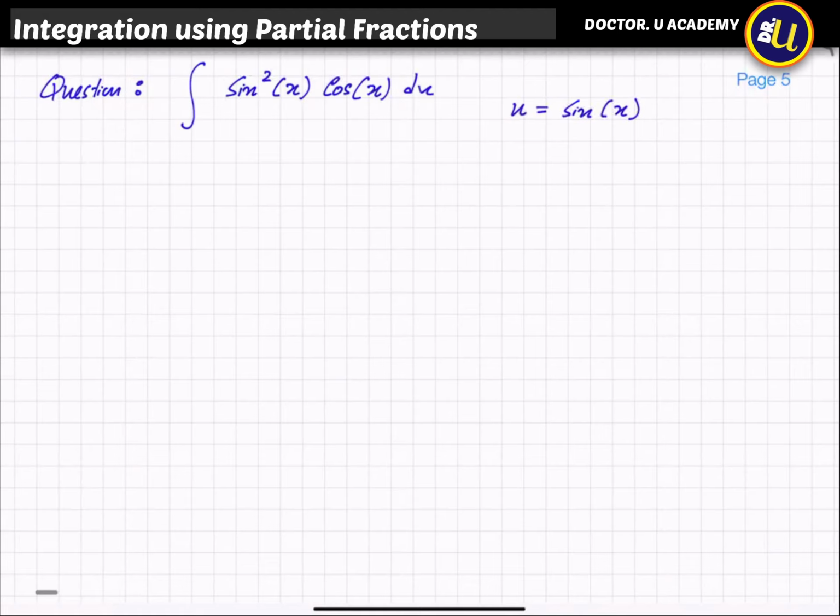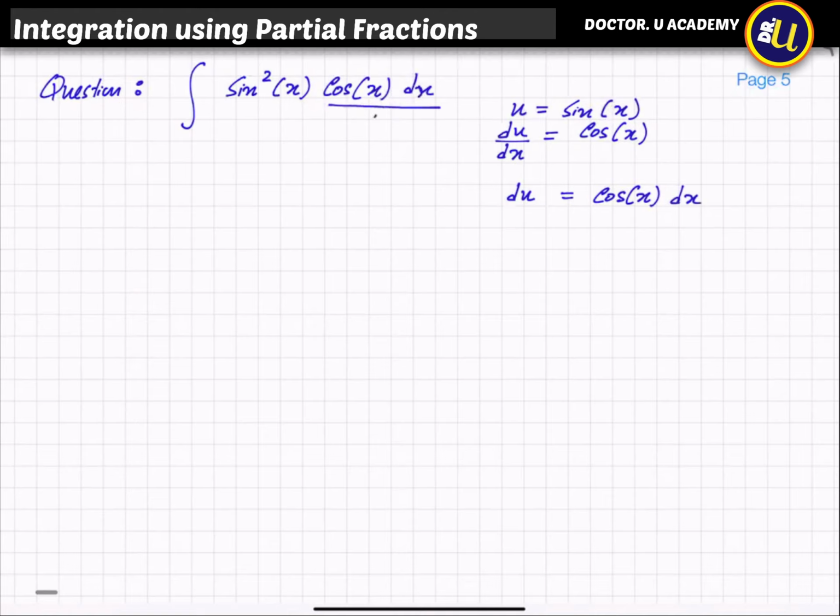If u is equal to sine x, and then you differentiate this with respect to x, that's going to be cos x. Now you will see, if you cross multiply, du is equal to cos x dx, which is this term over here.